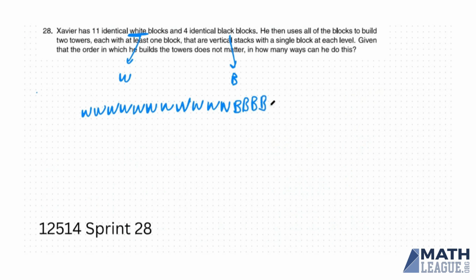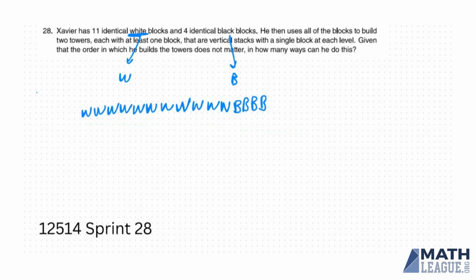If Xavier were just building 1 tower, then the number of ways to do this would just be the number of ways to order 11 white blocks and 4 black blocks in some order, and that we can just do using combinations.